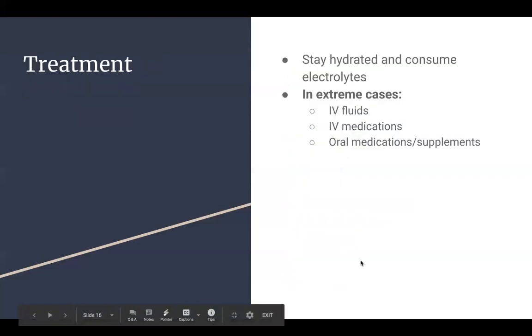As far as treatment's concerned, we want to make sure that we are staying hydrated, especially if we are engaging in intense exercise or if we've been experiencing vomiting or diarrhea, and also to make sure that we're consuming electrolytes.